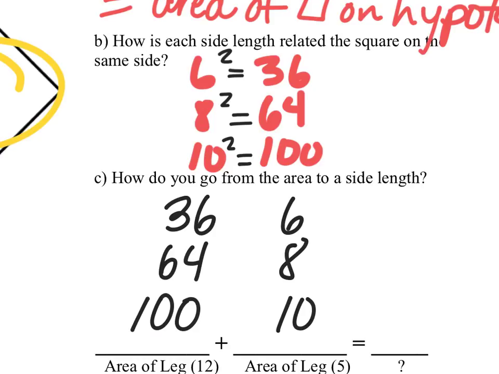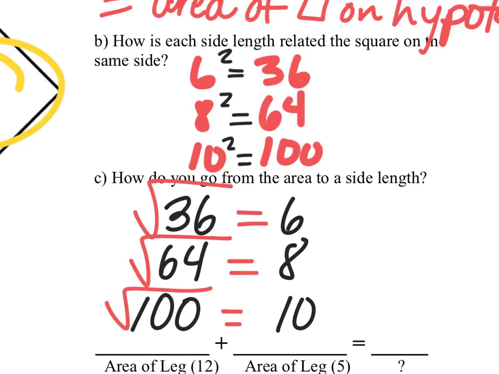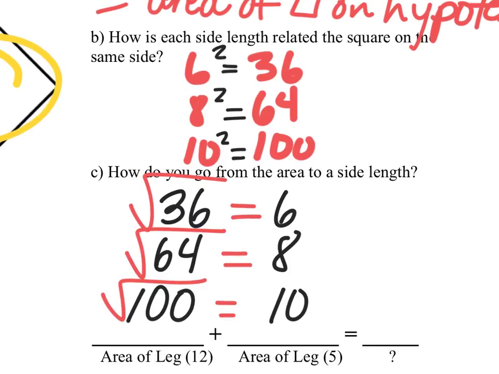Bella, how do I go from the big number 36 to 6? I take the square root, because the square root is asking what number multiplied by itself gives me 36. So square roots here get us back to the side length. This is what you should have. If you don't have it, add it. That's important.